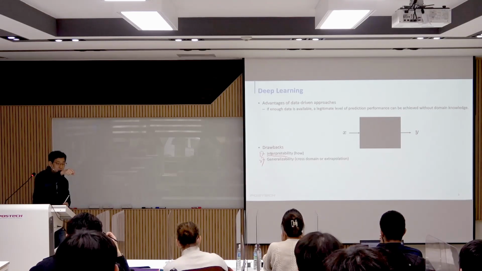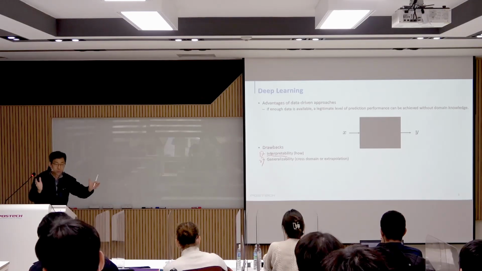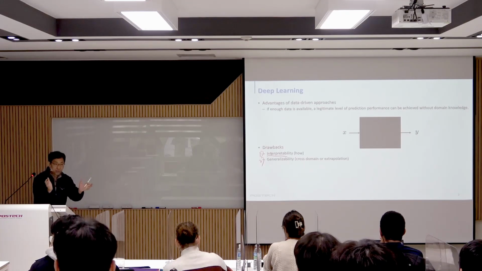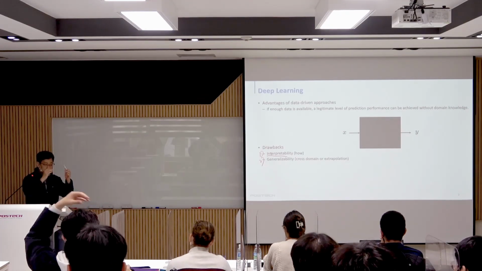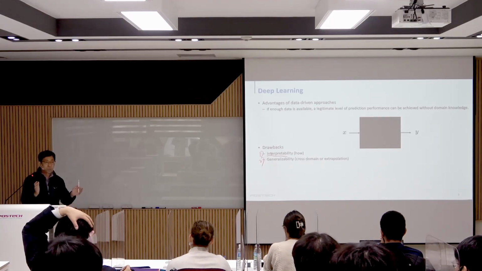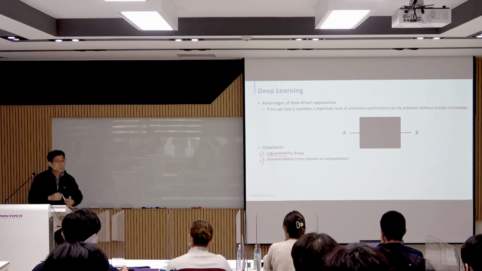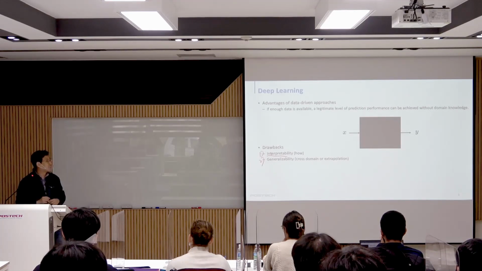If we have other data points within the data distribution, or we might say interpolations, within the distribution of the training data set, the prediction performance is going to be okay.